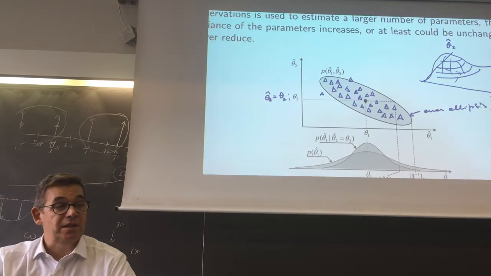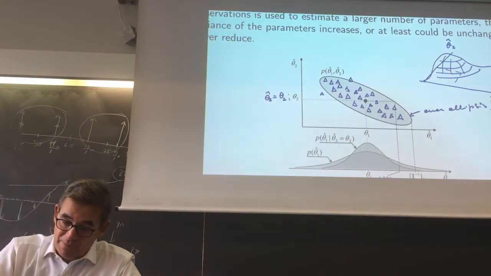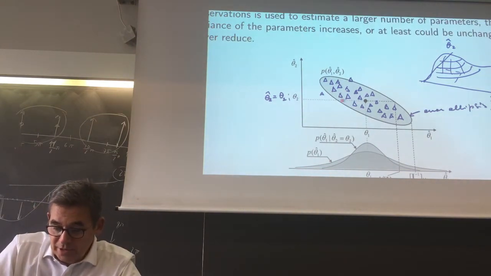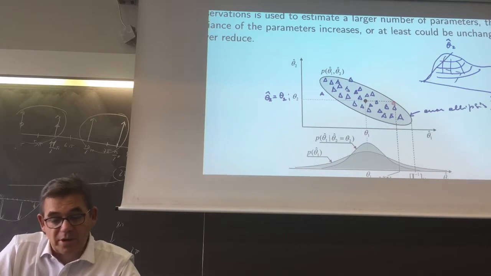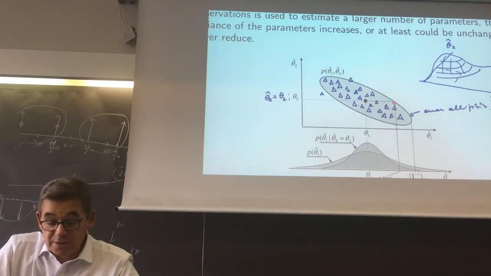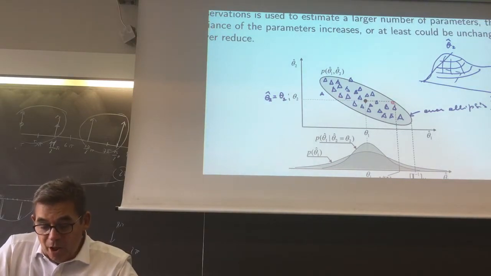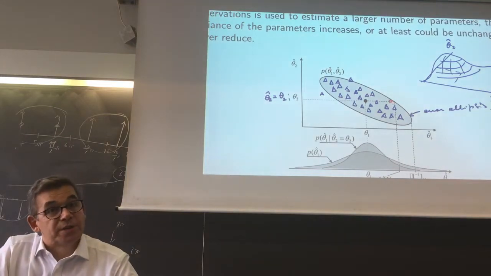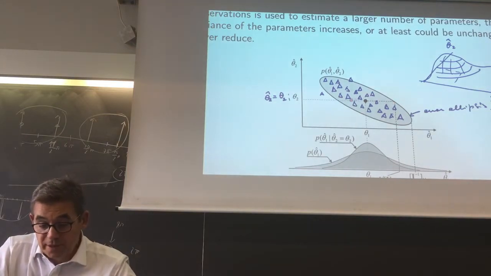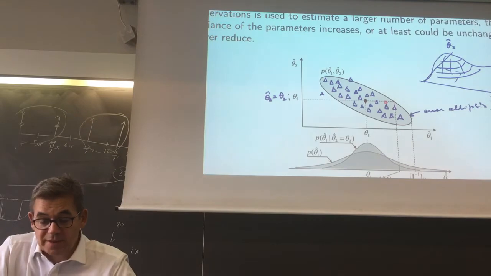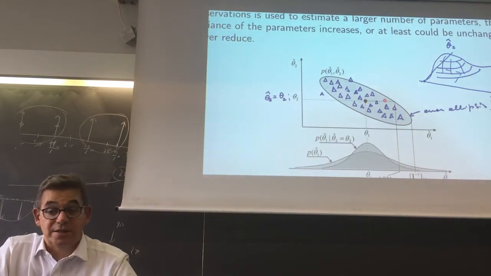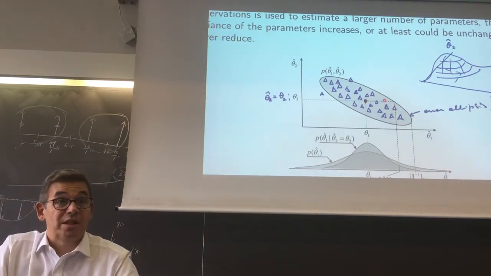So what does it mean here? It means that I'm cutting here because I'm constraining. I'm cutting my error ellipsis here. So since I'm cutting, my uncertainty on θ1 is this one, because θ2 should not be estimated because it's given.